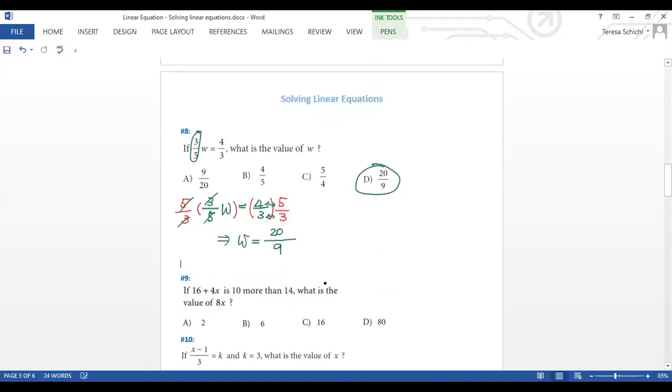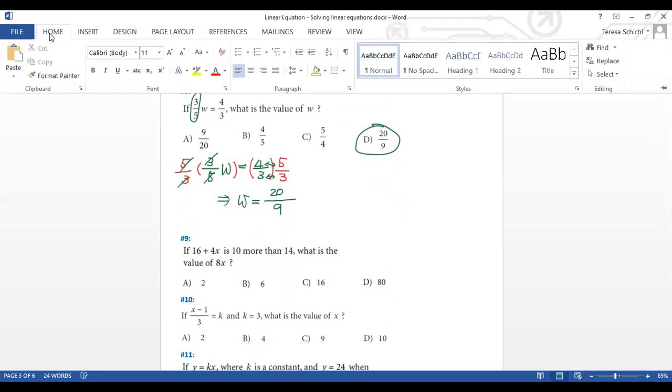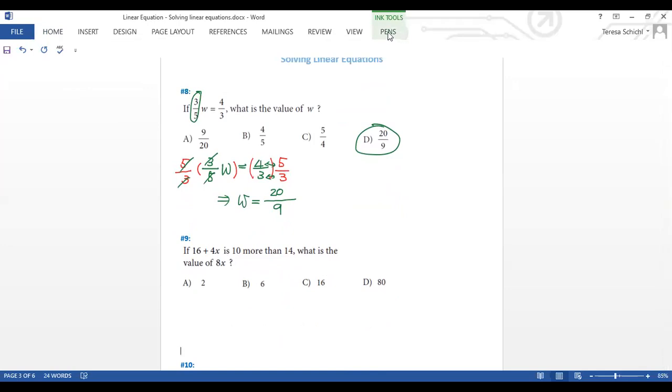So let's take a look here. The next one. They tell you, and this is where we need to be careful about our reading: if 16 plus 4x is 10 more than 14, what is the value of 8x?